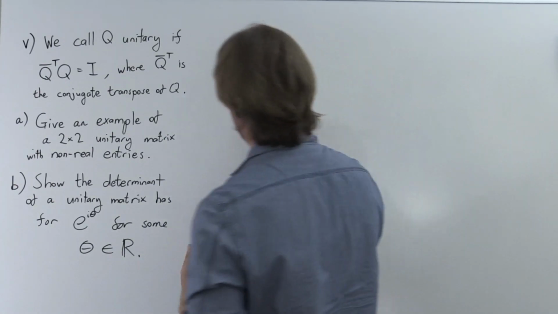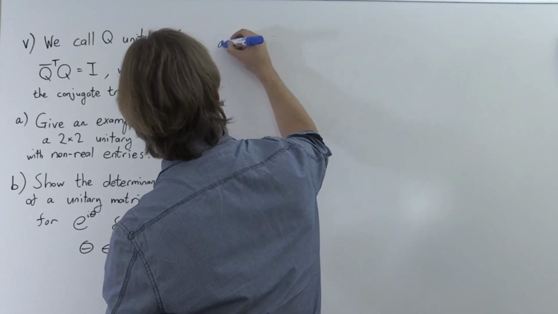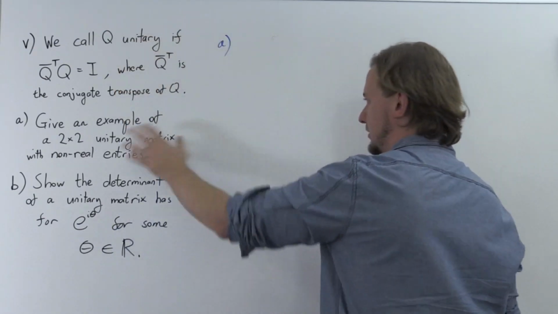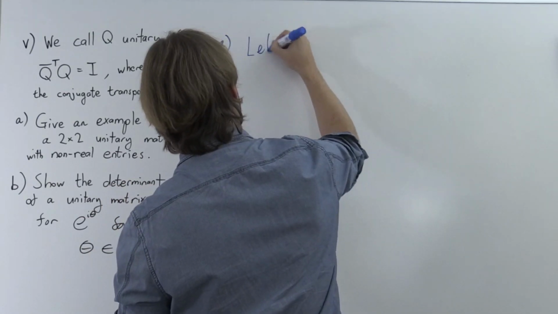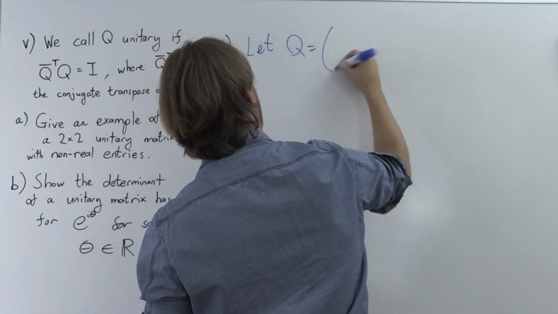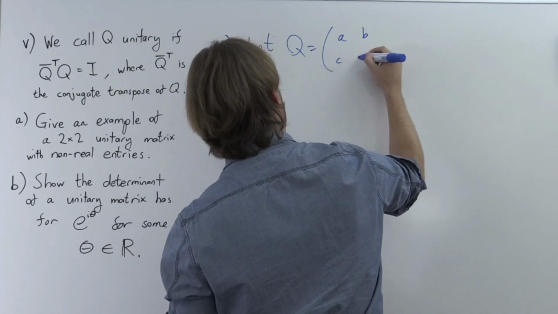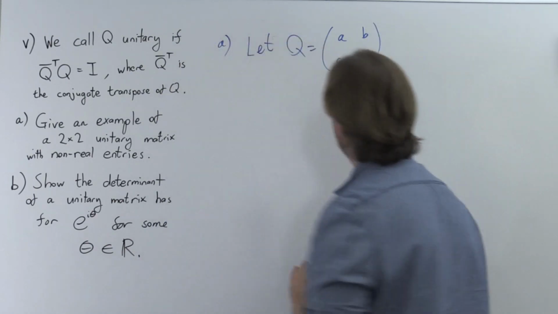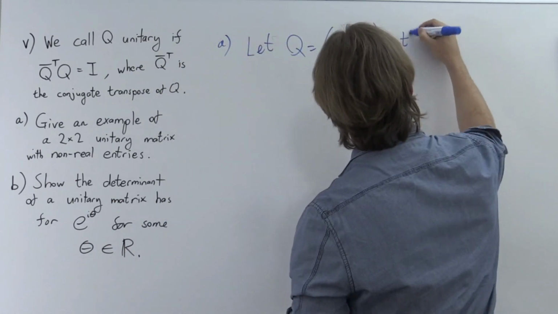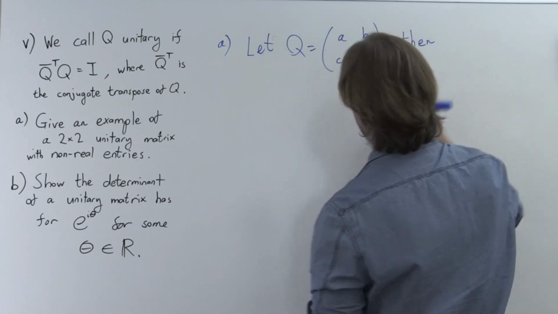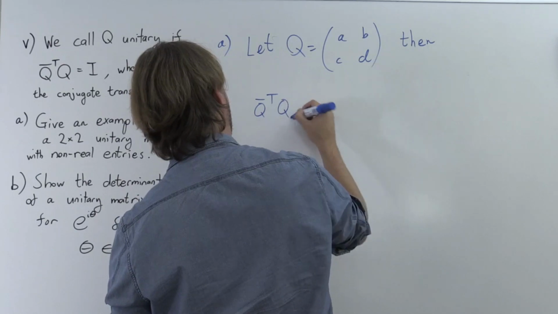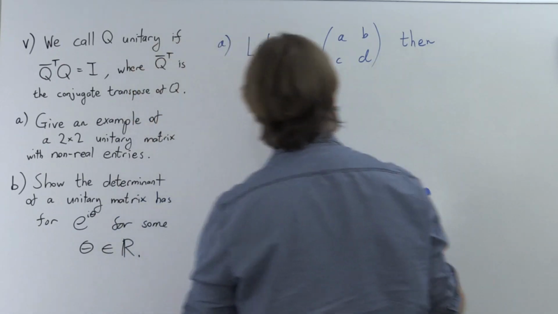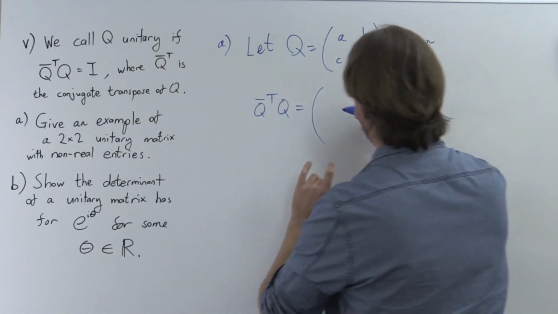A good way to get control of these sorts of things is to give them names. So let's write down a matrix Q and give its entries some names. Let Q be the matrix A, B, C, D. If I then look at Q bar transpose Q, I might write it in two steps to be very clear.